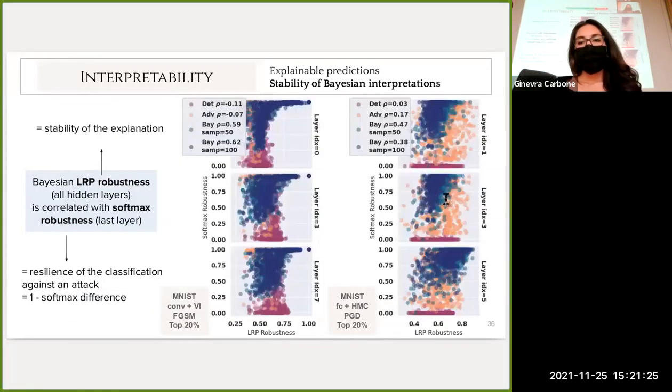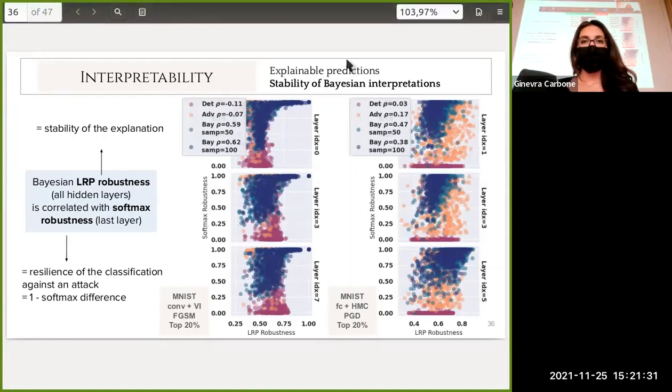And here we are instead looking at the correlation between LRP robustness and softmax robustness. The softmax robustness is the same that we talked about before. So it's 1 minus the softmax difference, which indicates the stability of predictions of our neural network, while LRP robustness is the stability of explanations.